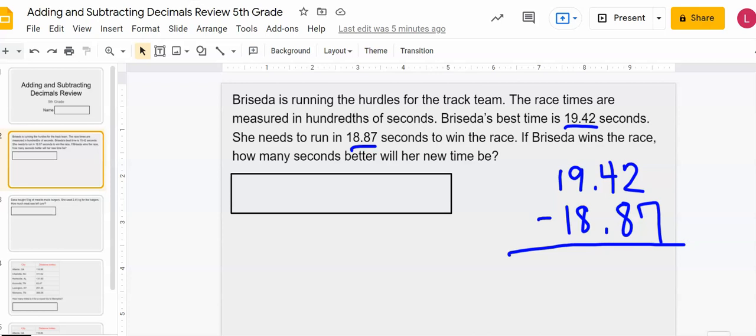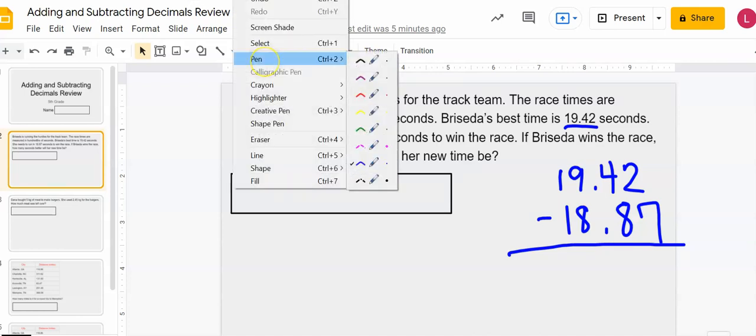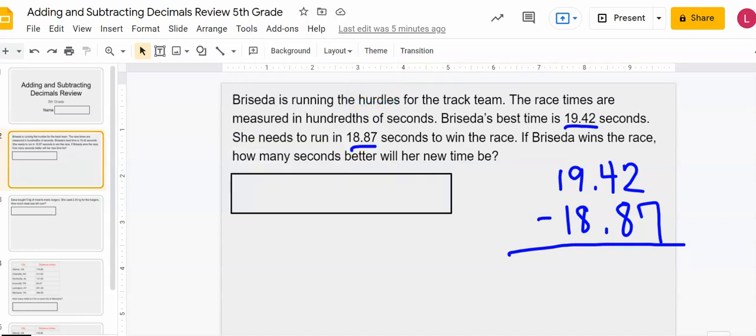and let me change pen colors. Notice how I have the decimals lined up here, and that's so that my hundredths are together, my tenths are together, my ones, and then my tens. Okay?